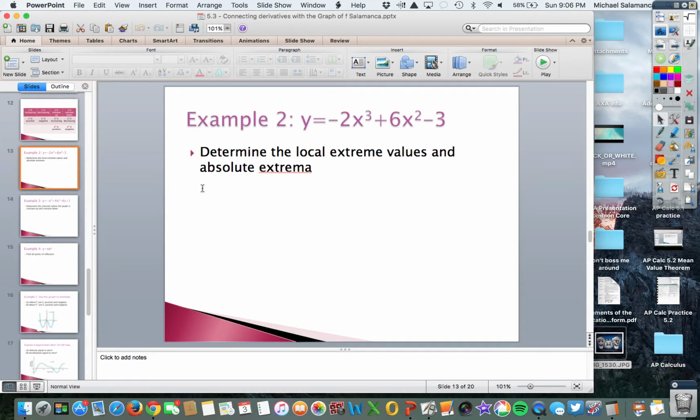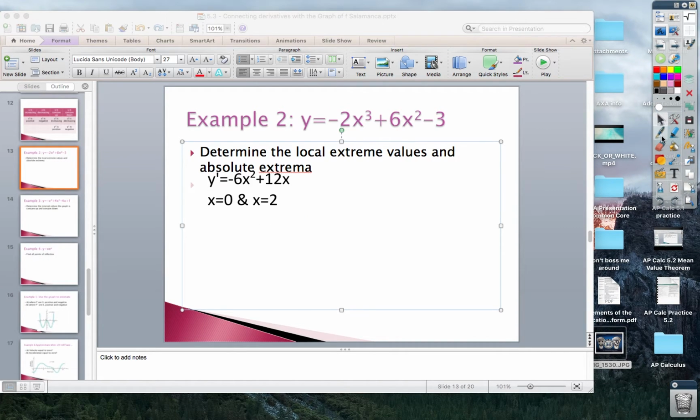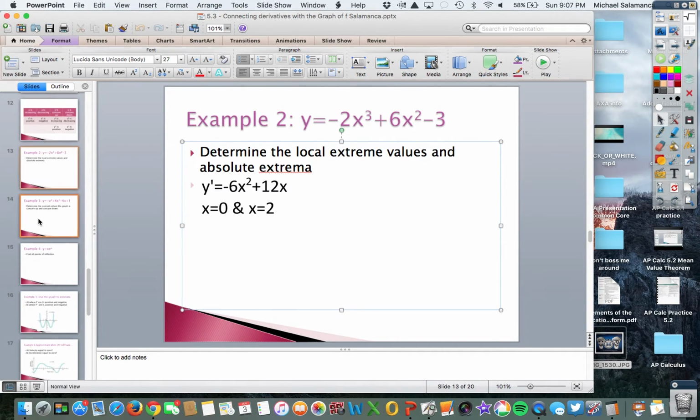So all we needed to do was find that first derivative, which was negative 6x squared plus 12x. And when we factored that, we got x equals 0 and x equals 2, and we solved that. And this gave us all of our increasing, decreasing, max, min values. So we're not going to go over that in its entirety because we did it in the earlier example.